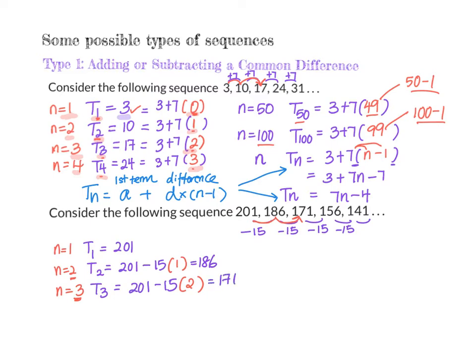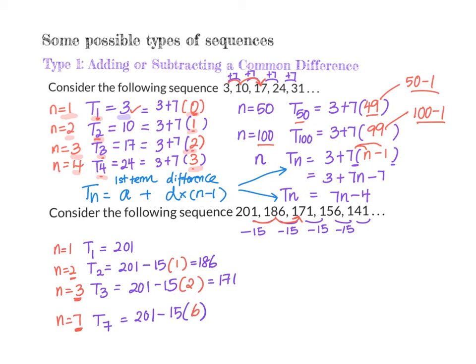Now, can you make a guess what will be term 7? If n equals 7, following this pattern, I'll get 201 minus 15, but if this is term 7, I'll get 201 minus 15 6 times.